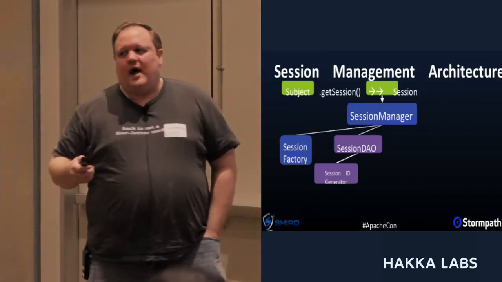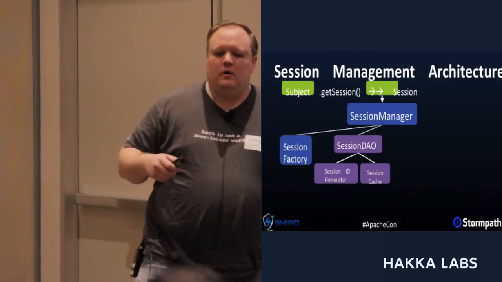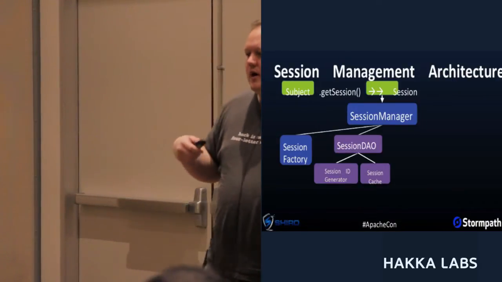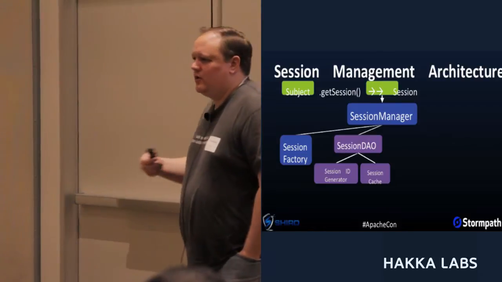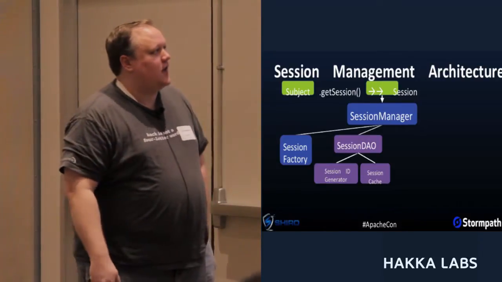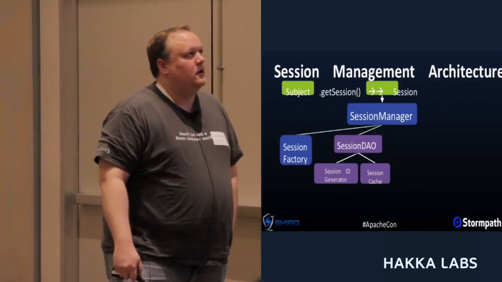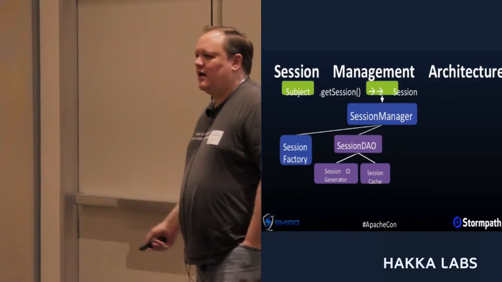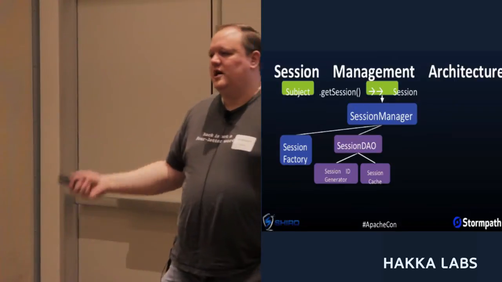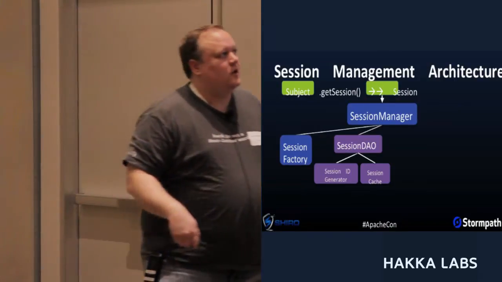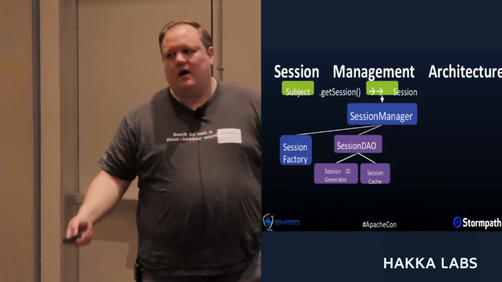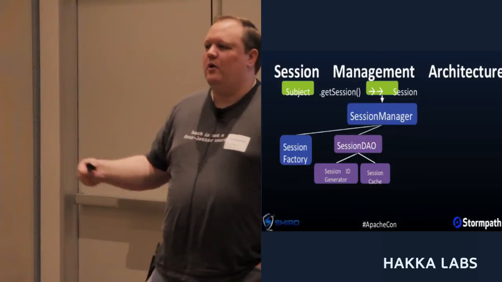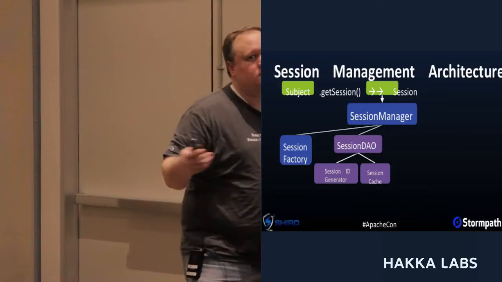There's also a session cache. So we don't always want to be hammering the data store every time we do CRUD operations. So there's a cache that is shared by all application instances. We have second level caching plugins built in. So people use Hazelcast or Ehcache with Terracotta or Gigaspaces or Coherence, or Redis, it doesn't matter.